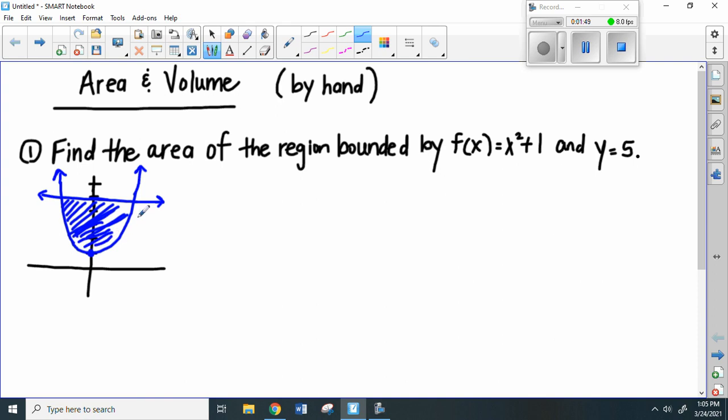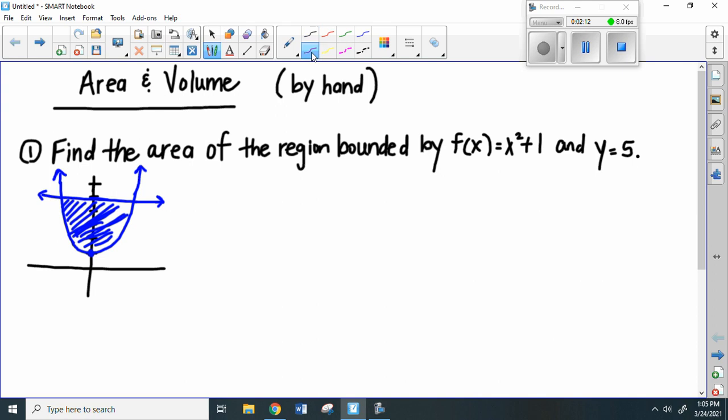All right, now remember the idea of area. Or the idea of area and volume, right, is that technically, when you integrate, you're adding up an infinite number of rectangles, and so for area, we really need a length times a width, okay?